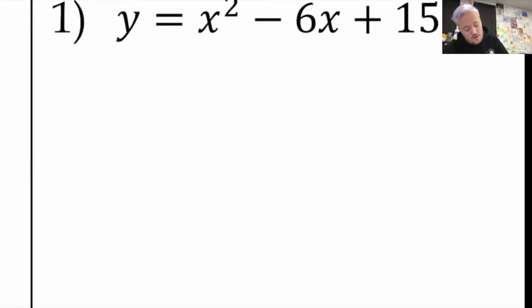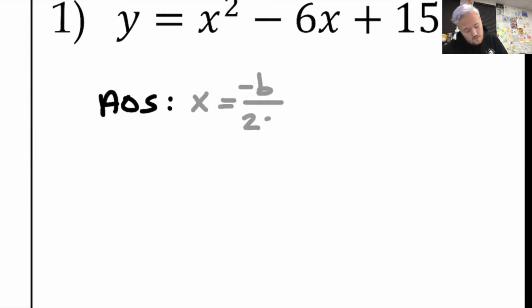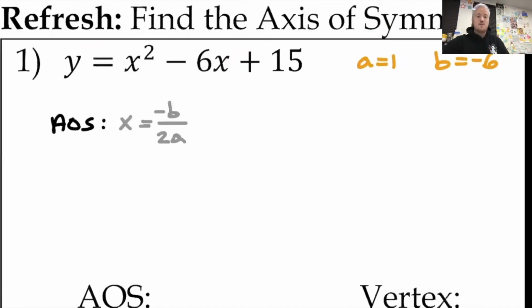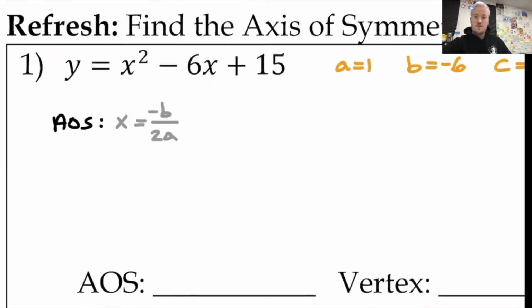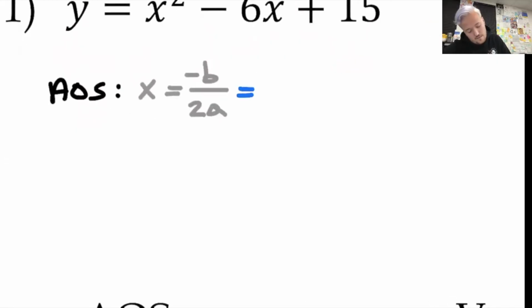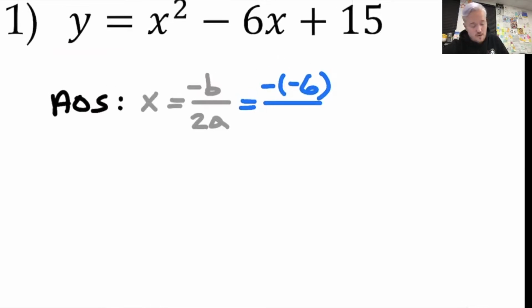To find the AOS, you want to use the formula x equals the opposite of b all over 2a. I'm going to use the a, b, c values that I just found. So I want the opposite of my b value, the opposite of -6, all over 2 times my a value.